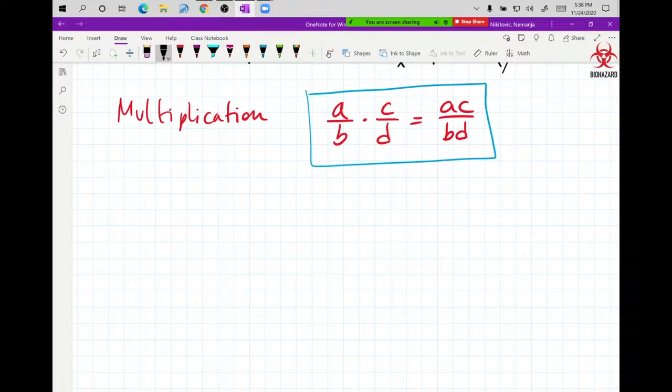So if you have, let's say, 14/15 times 9 over 21. This can be reduced by a lot. And maybe we don't even have to do multiplication by the time we're done reducing.